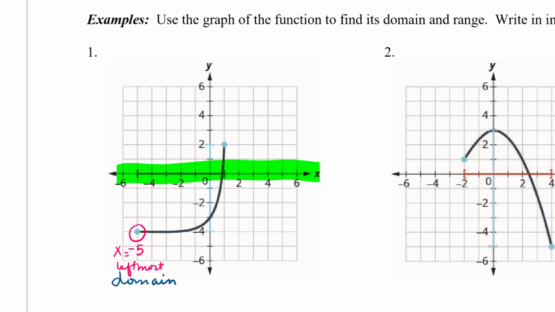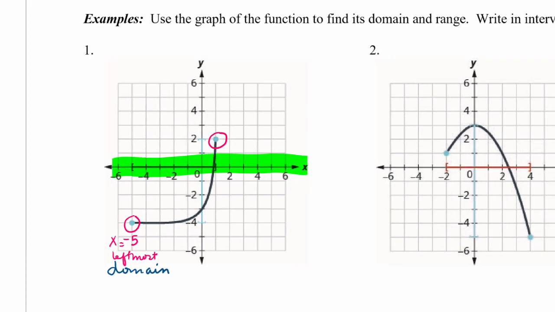Okay, and then our graph comes along, and our rightmost point, now notice I'm not saying the highest point, I'm saying the point furthest to the right. Turns out that in this case that is the highest point, but that won't always be true. So our rightmost point happens at x equals 1.